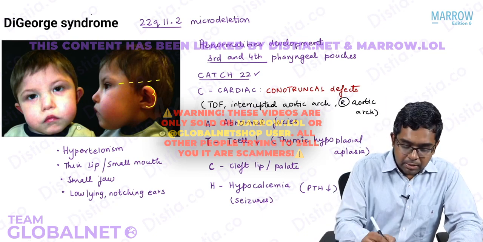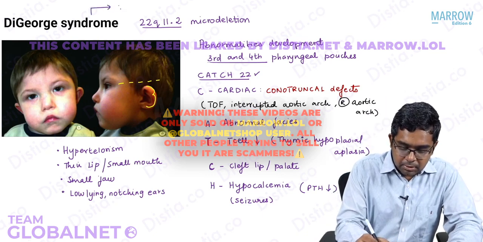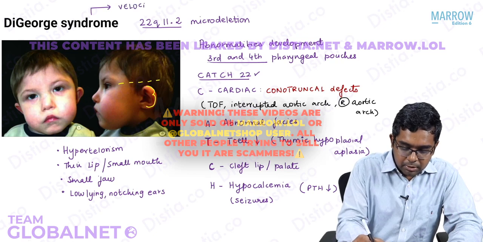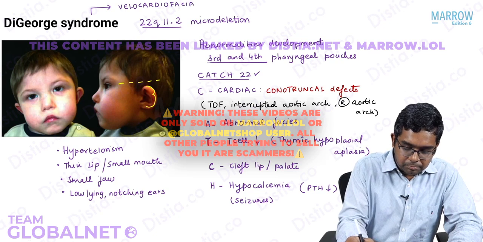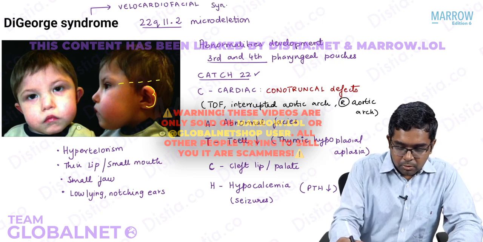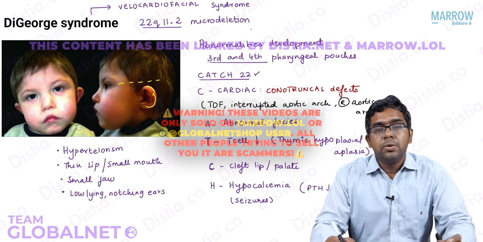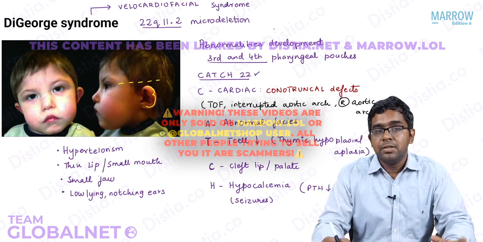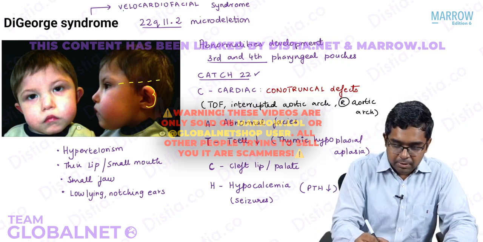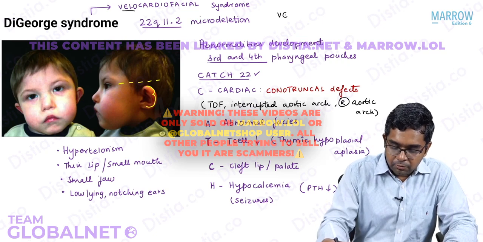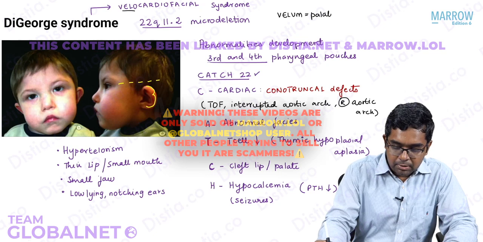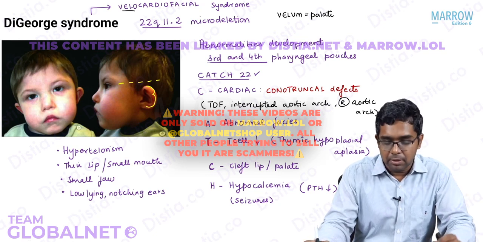The other important name of this DiGeorge syndrome is velocardiofacial syndrome. You can understand this name easily from the features of the DiGeorge syndrome itself. For example, velo refers to velum, which is something related to the palate. I told that these children will have cleft palate, so that's why velo.